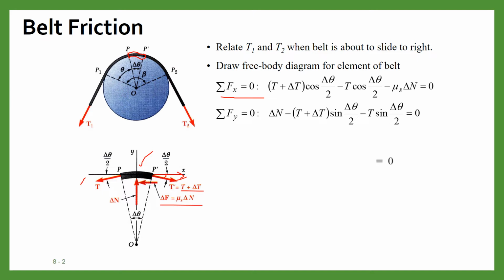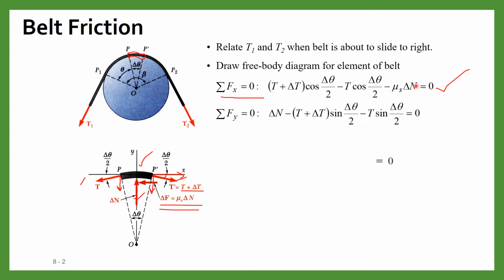Similarly, we have minus T cos theta by 2, and minus the frictional force, which is also in the x direction. Similarly, you can write for y: delta N is the force, and we will have two components, one here and another here. So our equation becomes this.